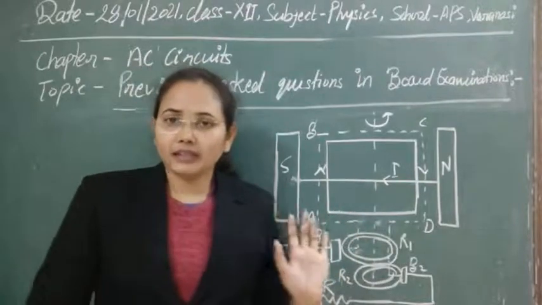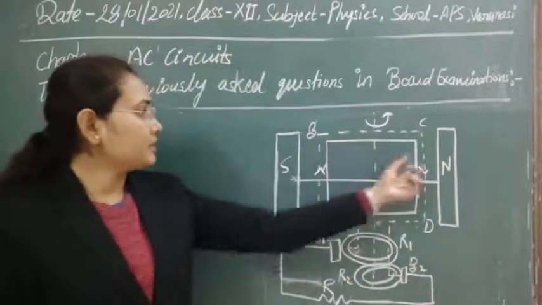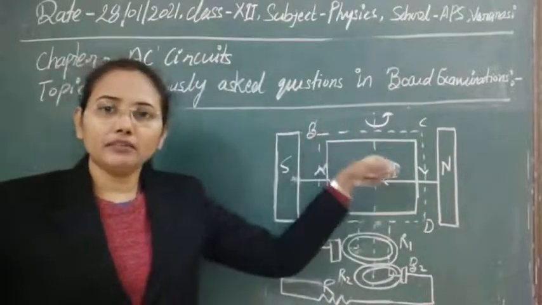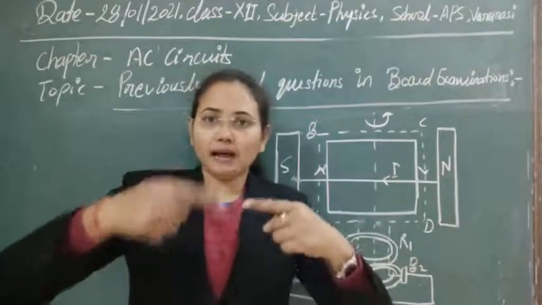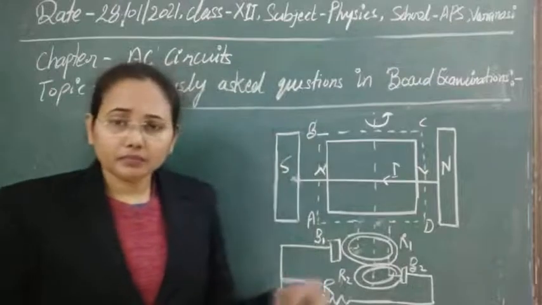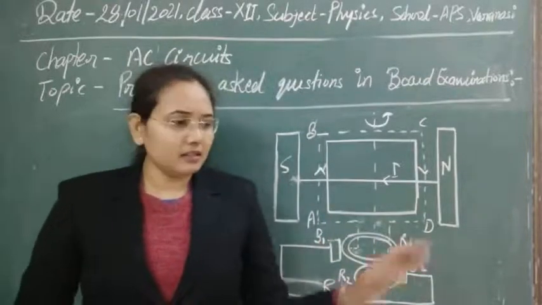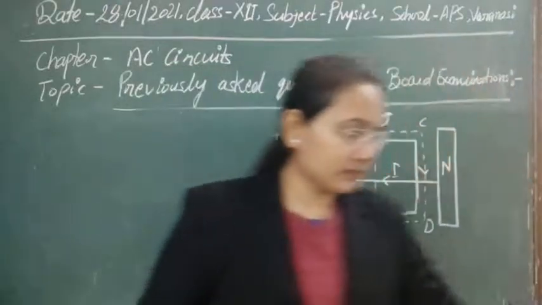If that is clear, then the next question is: if this armature has a number of turns, meaning we have wrapped a number of coils on it, suppose capital N is the number of turns.